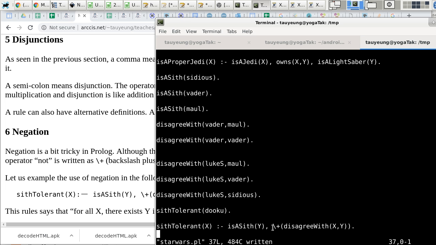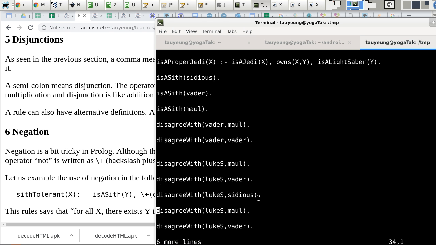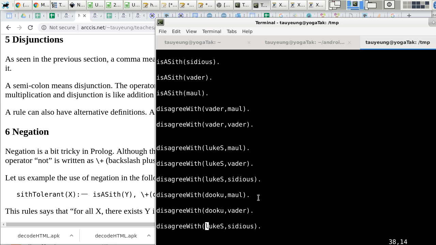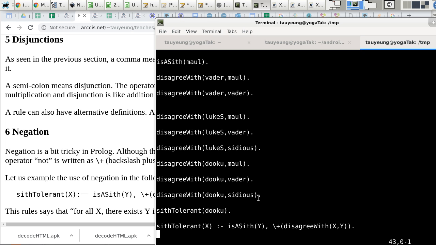Any other questions? So in this case, if I already state that Dooku is cis tolerant, I can now have additional rules and say that Dooku disagrees with all the existing cis, and it would still say that Dooku is cis tolerant, because when you ask is Dooku cis tolerant, it will evaluate all the rules of the same name from top to bottom.